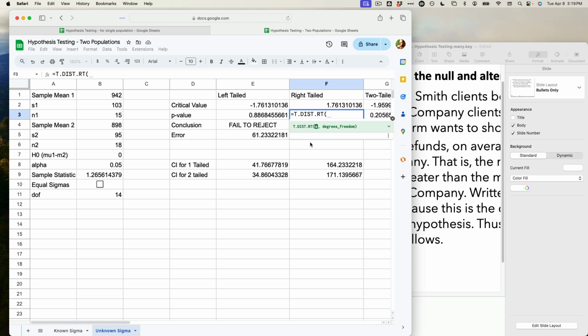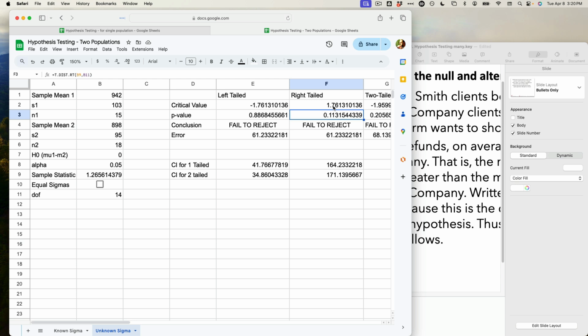So I'll just use the RT to give me the area to the right, and I give it my sample statistic and the degrees of freedom. Okay? And that gives me 0.113, all right? And that is going to be grounds to fail to reject the null hypothesis.